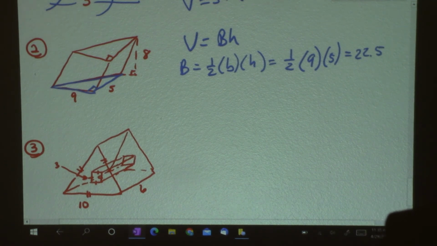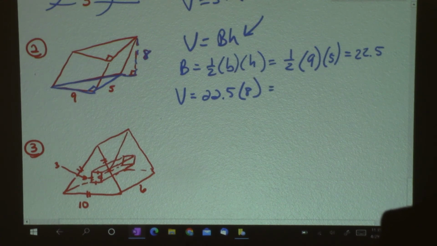Okay, and then we take that, the volume is going to be 22.5 times the height. The height of the whole thing is 8. So I'm going to multiply by 8, and I get 180, and this is feet. So this would be feet cubed.